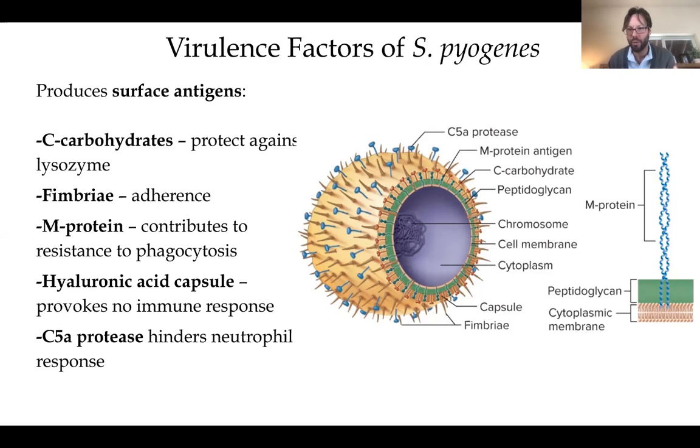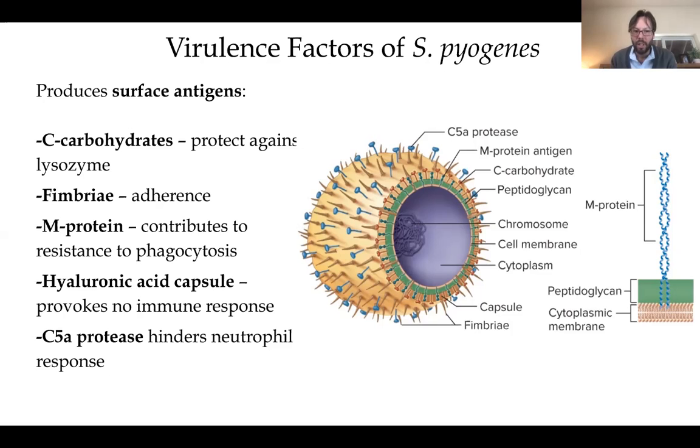Fimbriae, we just know that those are for attachment. The M protein is what's going to resist phagocytosis. So not only does the pyogenes strain resist phagocytosis altogether, if it is phagocytosed by a macrophage, it can then say, well, you didn't get me completely, because now I'm going to evade your lysozyme degradation.